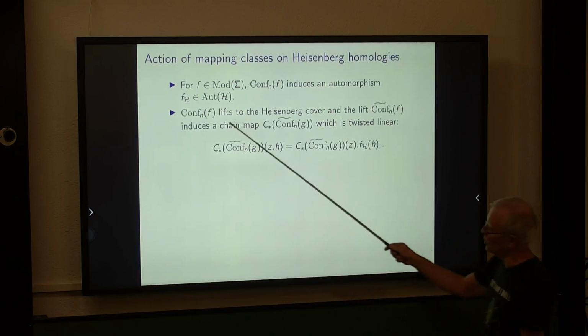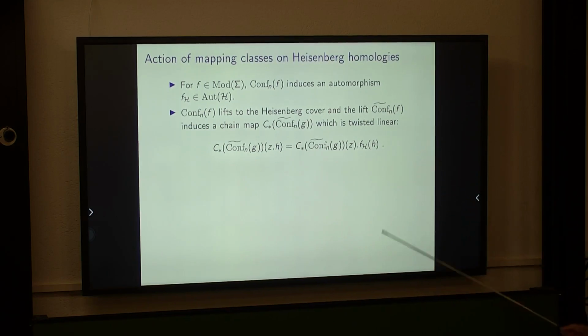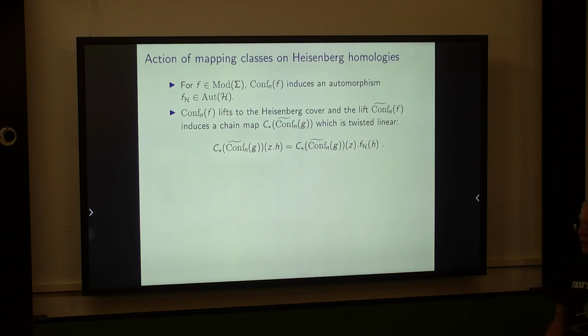Then this configuration of your mapping class lifts to the Heisenberg cover, and this will induce a chain map on the lift of the configuration.